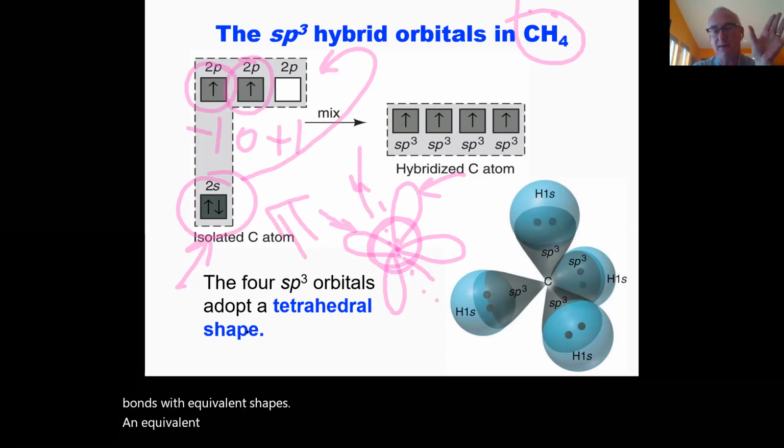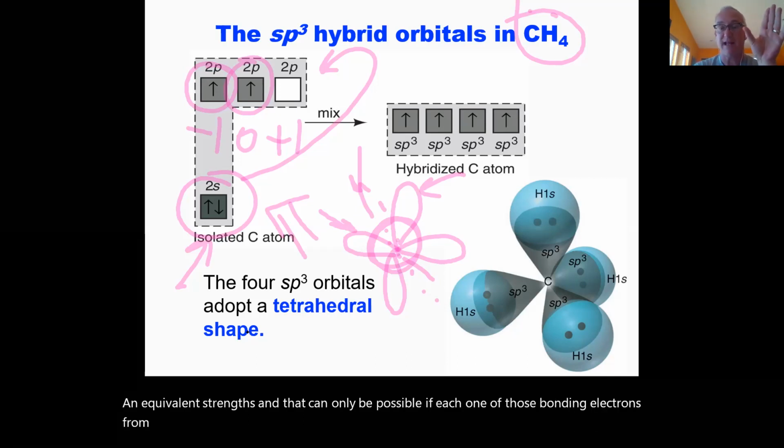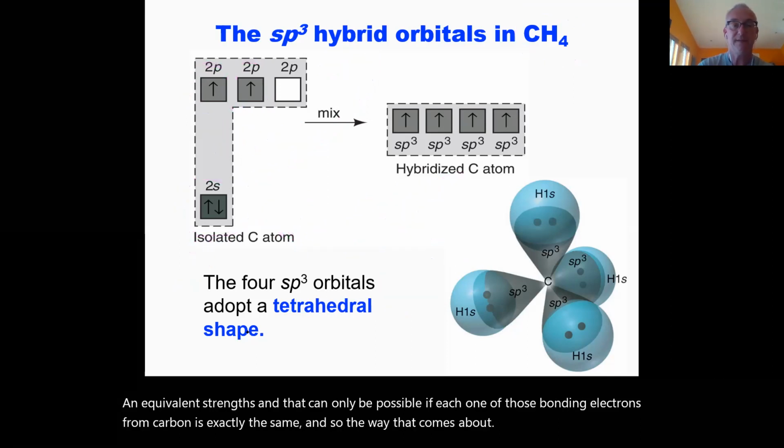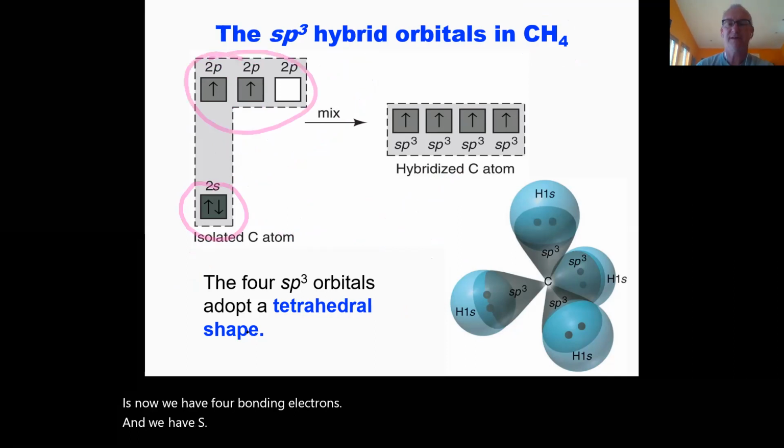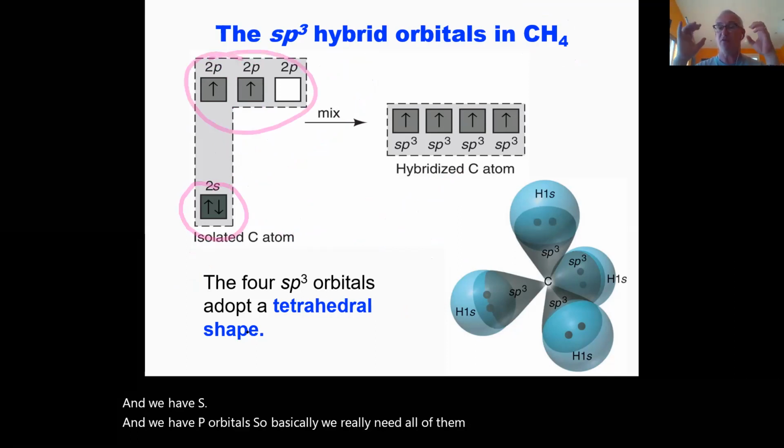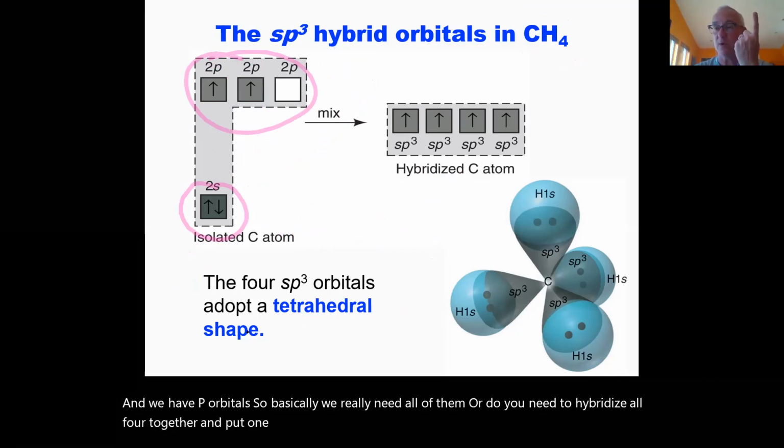And that can only be possible if each one of those bonding electrons from carbon is exactly the same. And so the way that comes about is now we have four bonding electrons, and we have s and p orbitals. So basically we're going to need all of them. We're going to need to hybridize all four together and put one electron in each one.